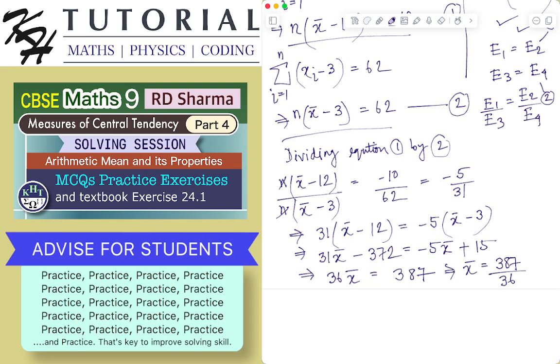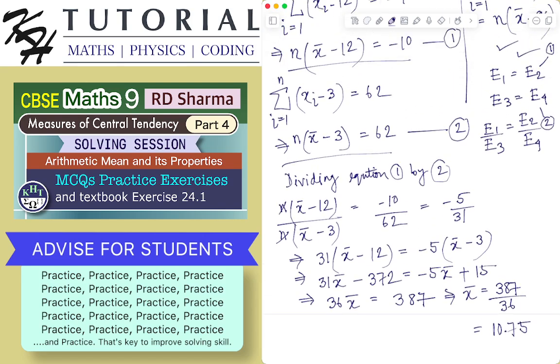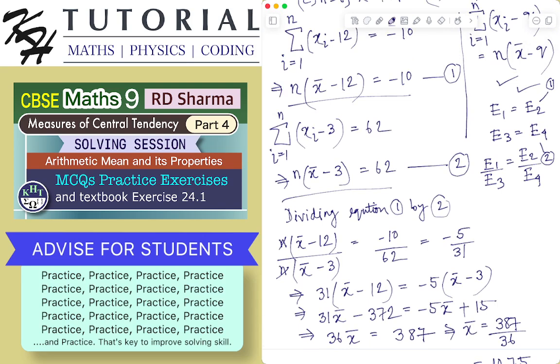You have to do a little bit of tedious calculation. 387 divided by 36 is 10.75. 10.75 is the mean. Now you know the mean. You can now put the value of the mean in equation 1 or in equation 2, and you can find the value of n.